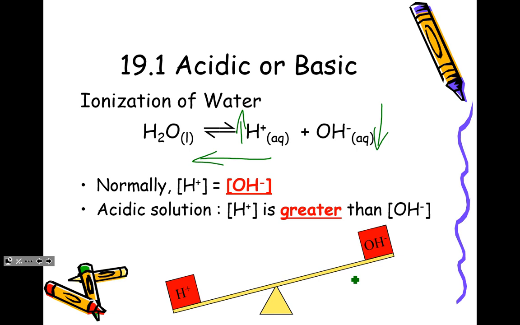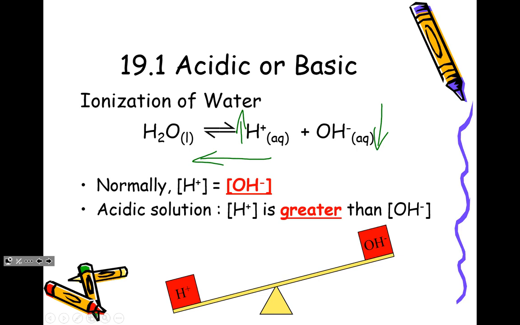So literally by adding an acid into water that contributes H+, it's going to make H+ go up and OH- go down. So anytime we have more H+ than OH- in a water solution, then we call that acidic. Acids would be things that do that when we throw them in water.